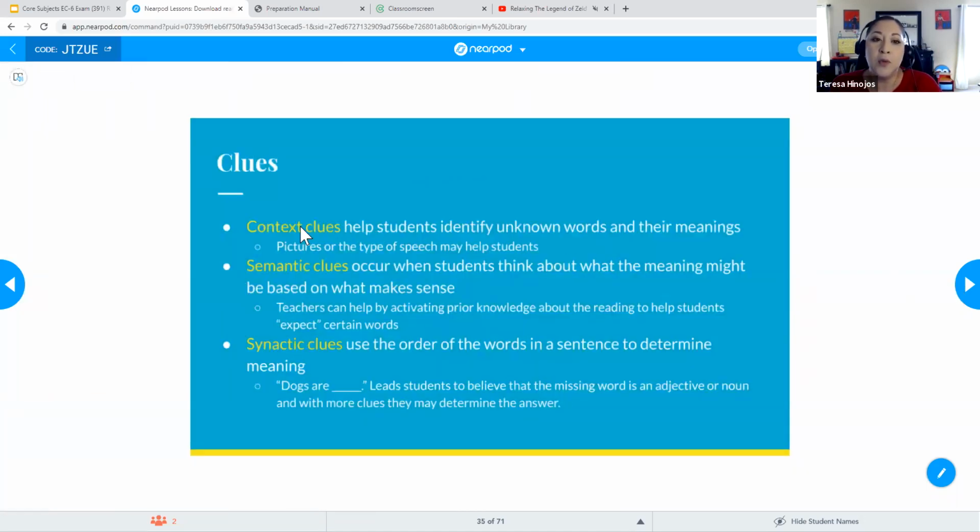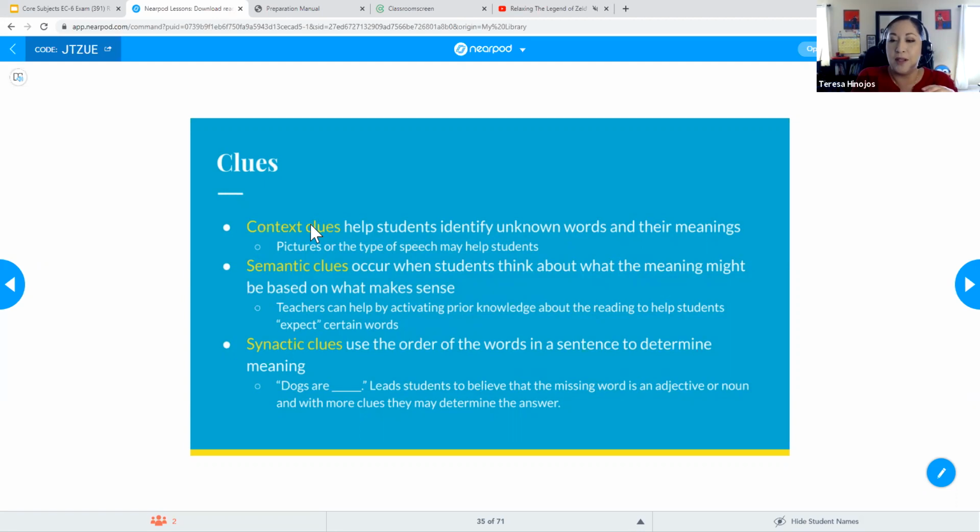Okay, and then the next one will be clues. So when we're teaching students to be able to read, they've got to understand that there are sometimes going to be clues that are going to help them out. So in the younger grades, the context clues may be pictures. There are a lot of picture books for the little kids. So the students maybe have a small amount of words, but in the picture, they're also able to gain meaning.